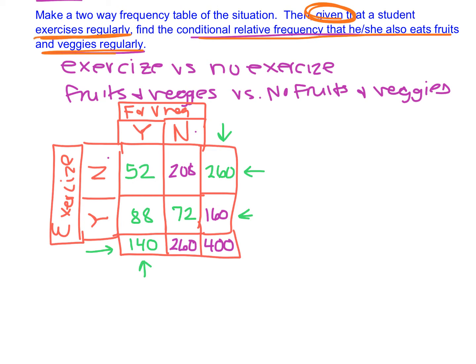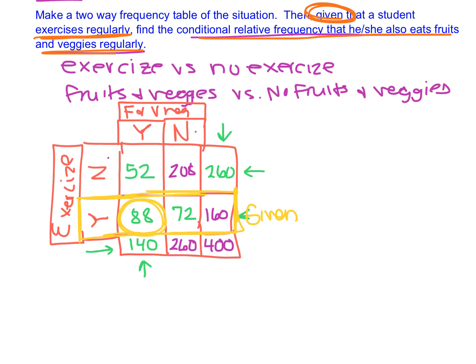So because our given is that we exercise regularly, we need to look in the yes exercise regularly column or row, which is right here. This is our yes. So this is what we're focusing on here, because this is the information that we are given. We are given that we exercise regularly, and we're trying to find the conditional relative frequency that we also eat fruits and veggies, which is this number right here.